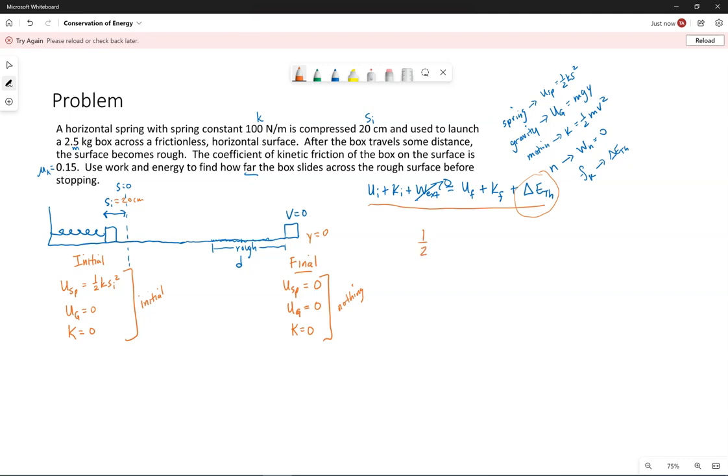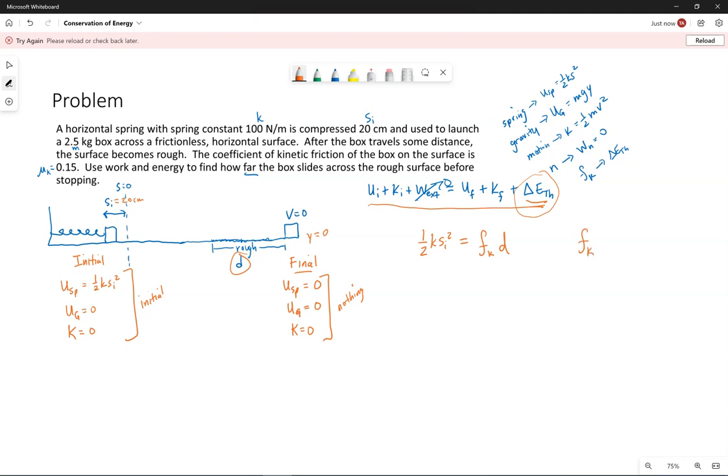So we have all of this initial energy stored because of the spring being compressed. We're going to set that equal to the thermal energy that's generated. Now, thermal energy is the force of kinetic friction times the distance the object slides. So I labeled it D in our picture. So we want to know how long this rough patch is in order to stop the box.